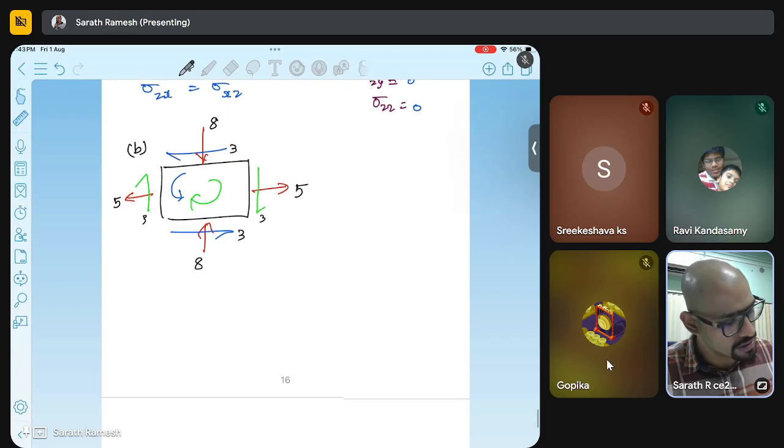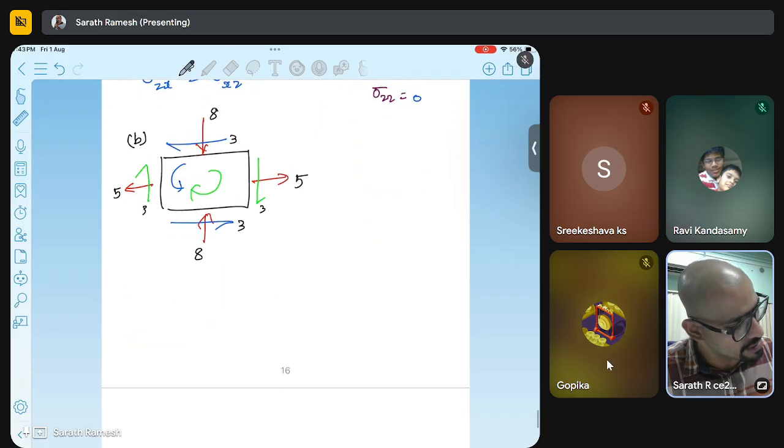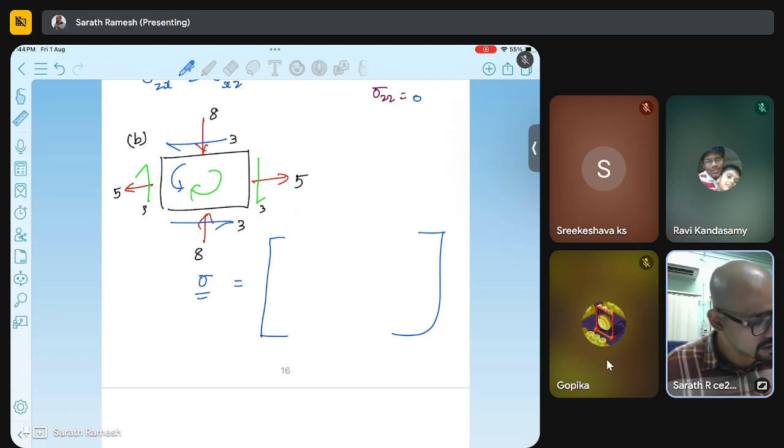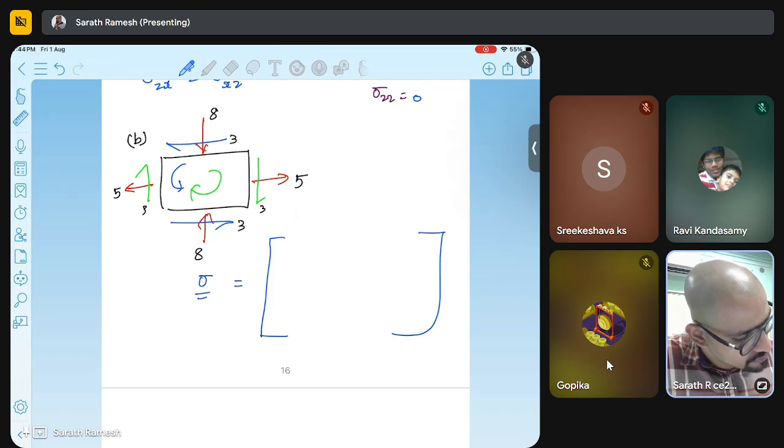Now let's represent it in the matrix. The second order tensor sigma is equal to... what is sigma xx? Sigma xx is along the x plane in the x direction. So here it's 5. And what is sigma xy?